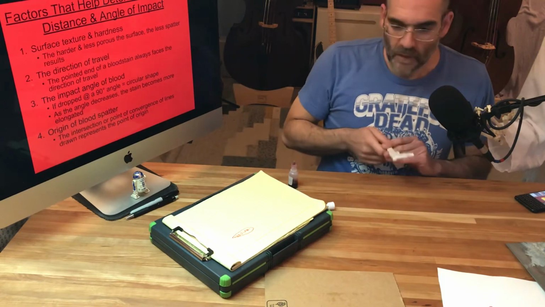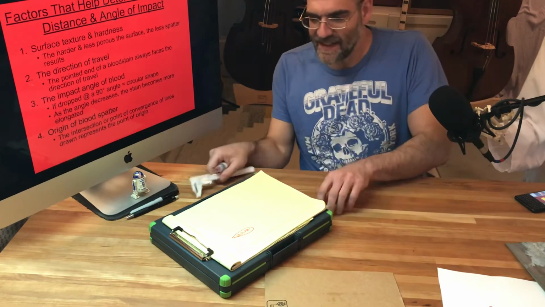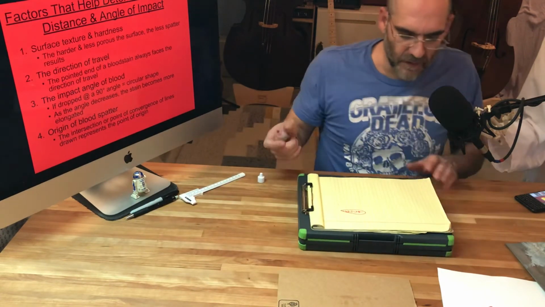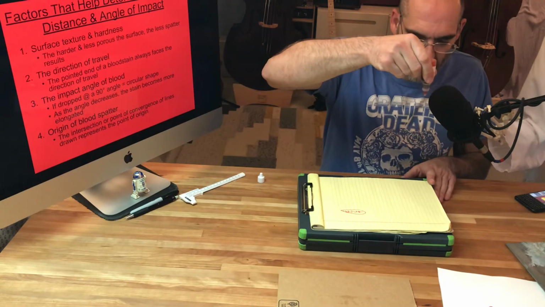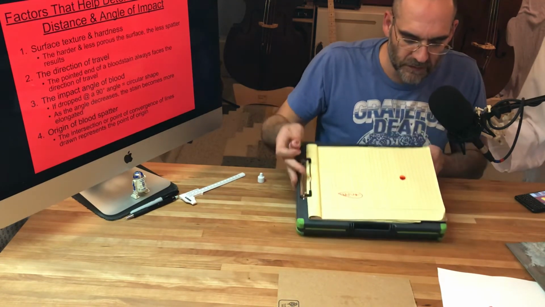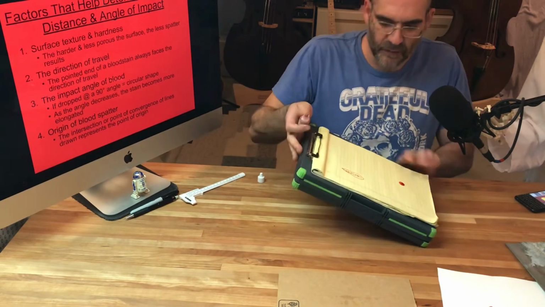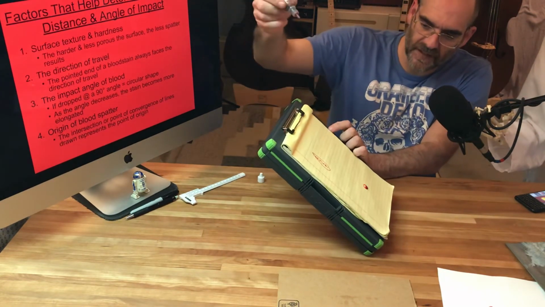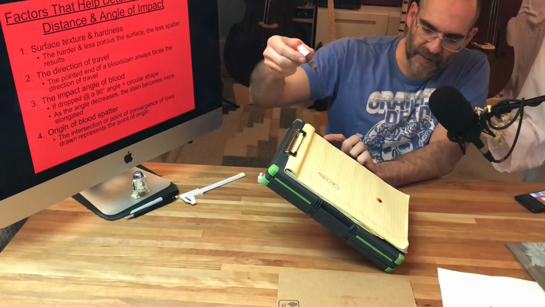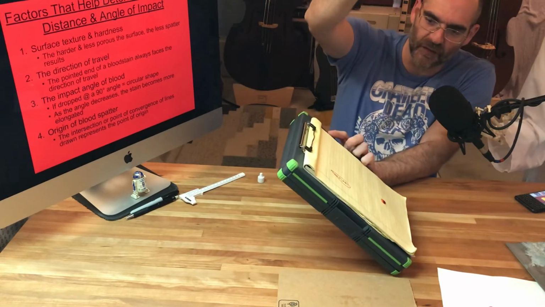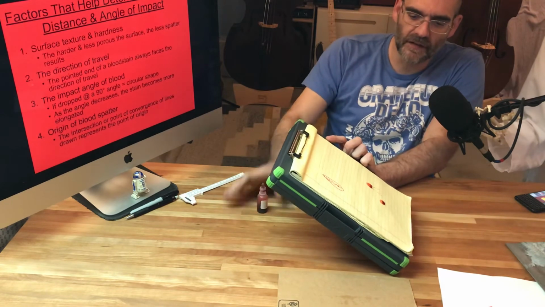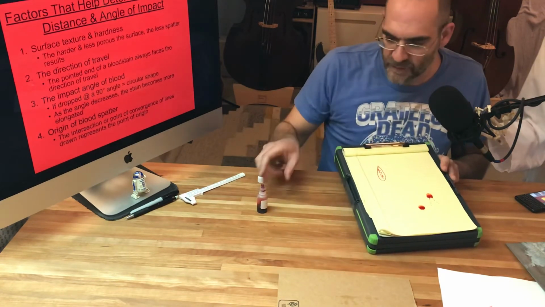Okay. All right, so let's look at this in terms of droplets. If we go straight from above, we get a circle. But if the blood is coming in from an angle, I will angle the surface, and when we do that, we get a different shape.